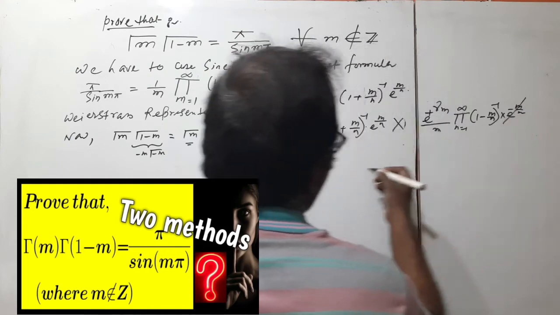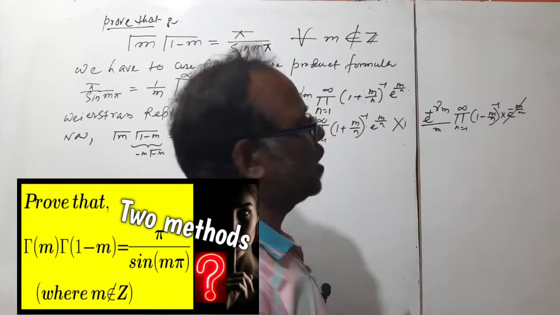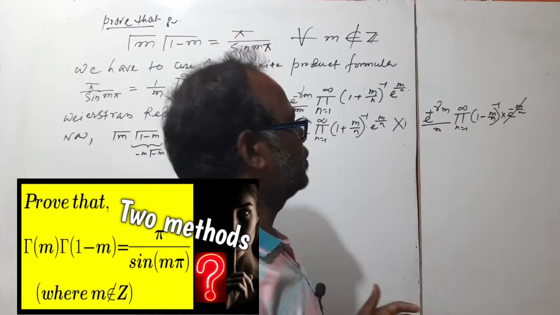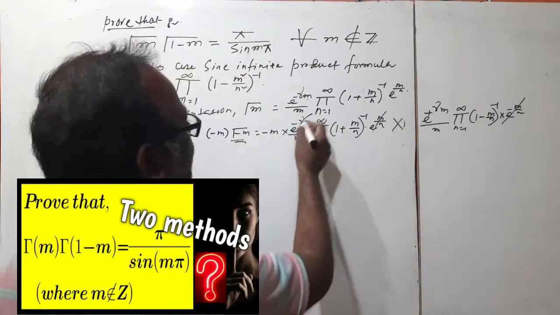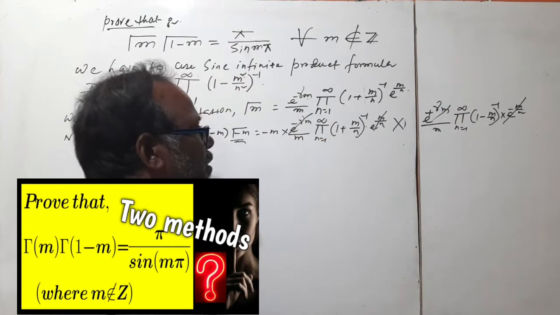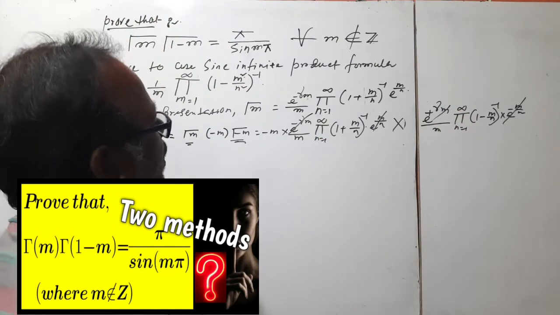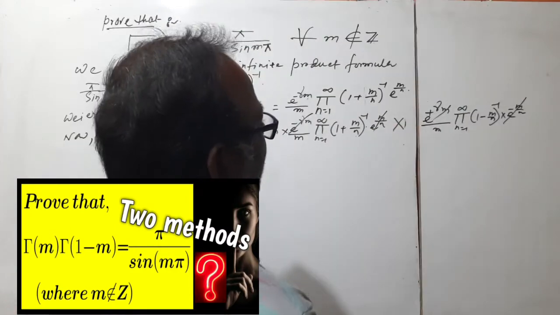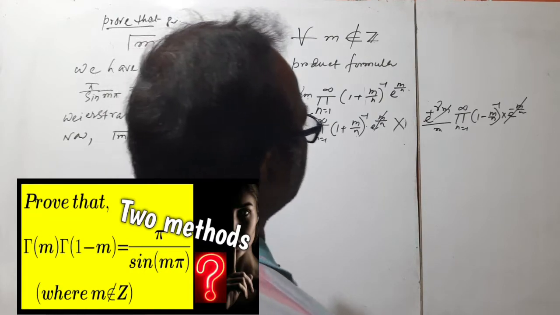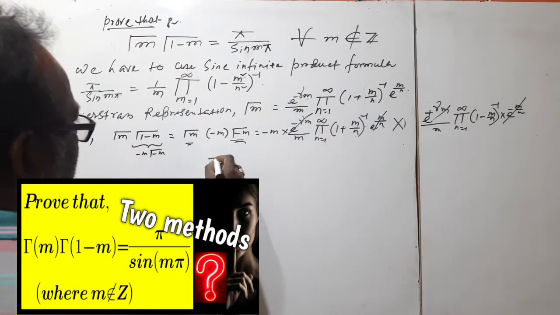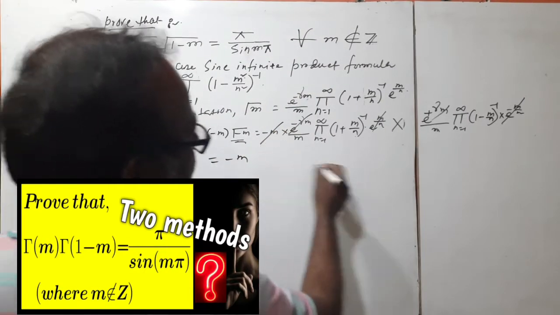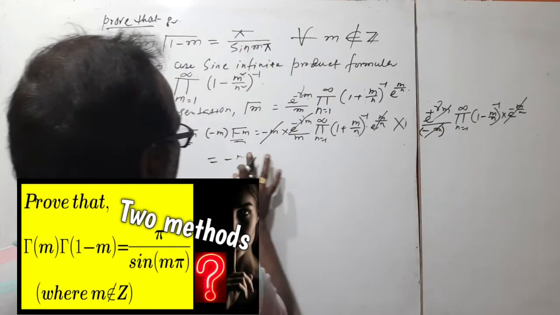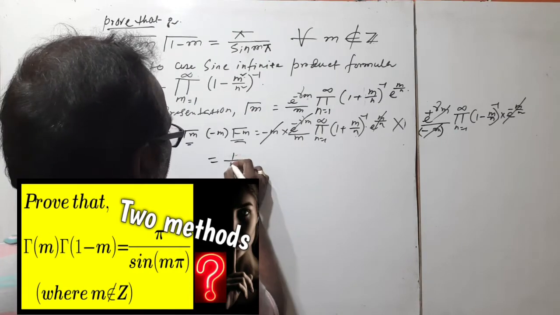So see, each and every value, if we put 1, 2, 3 like that and pair the observations, the product of each other gives 1, so these two are cancelled out. Also these two are cancelled out. Here it does not depend on n, so if we add these two powers, we get e to the power 0, that's why it is 1. Now minus m and minus m, these two are cancelled out, so this is 1 over m.